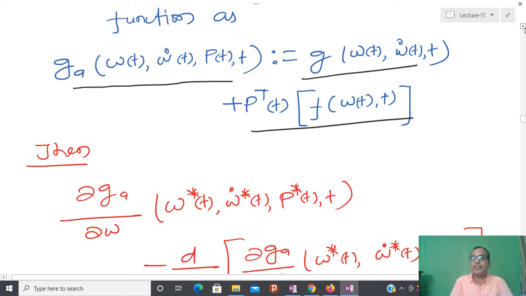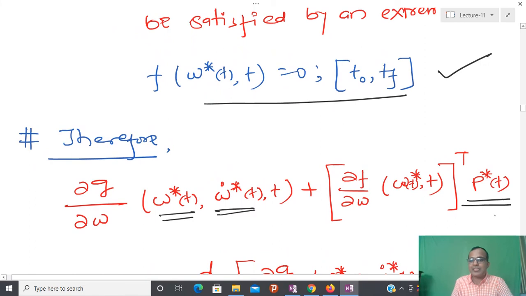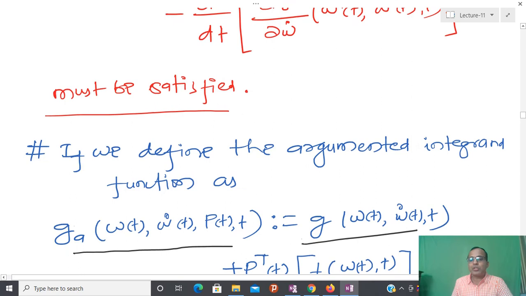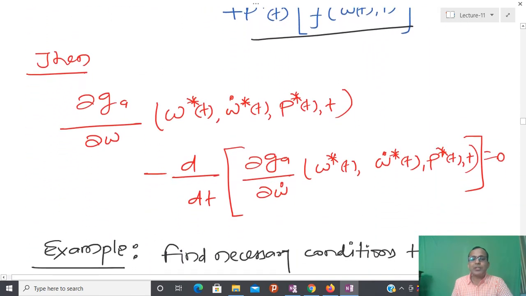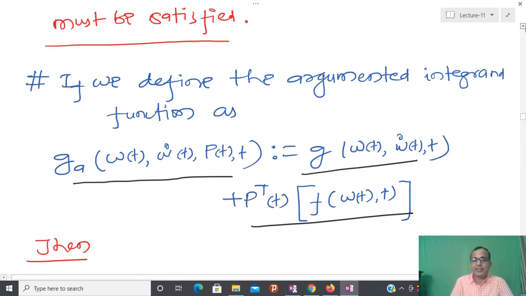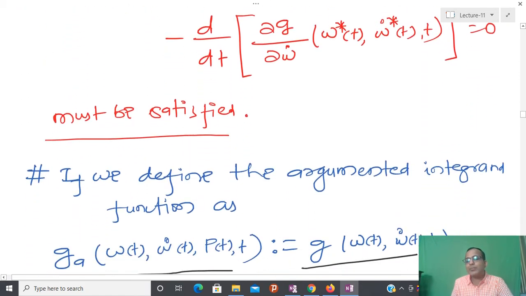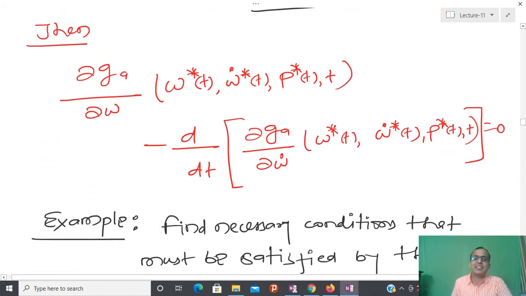In order to generate this condition, that is, for extremization, this constraint should be satisfied, and after that we have to solve this partial differential equation. Now it is possible to show that if you calculate the derivative with respect to ω, this condition is automatically generated, which contains three terms. So now I can also express this quantity just like the Euler equation, not Lagrangian.